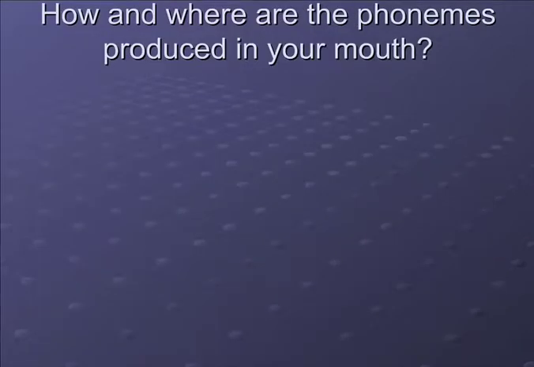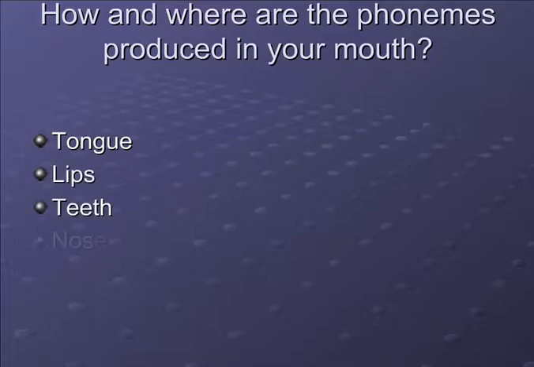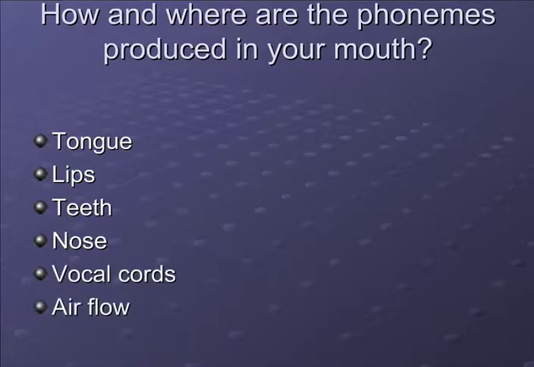How and where are phonemes produced in your mouth? These are the different parts of the mouth which we use in order to make sounds. We use our tongue, lips, teeth, nose, vocal cords, and airflow. Different combinations of these allow us to say different things.